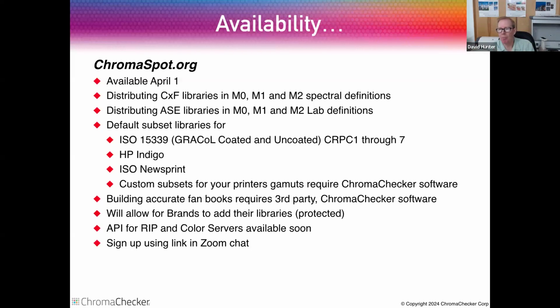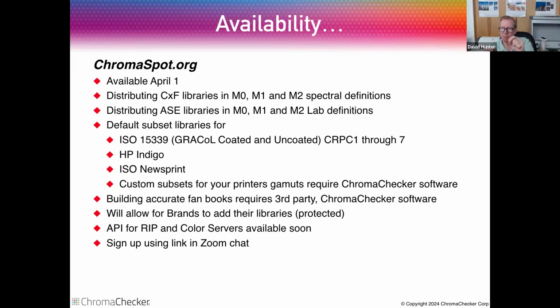We will allow brands to add their own colors to the ChromaSpot library. So it's not just going to be ChromaSpot colors. There'll be an allocation for brand companies to put their colors into the ChromaSpot library, and it will only be editable by that brand.